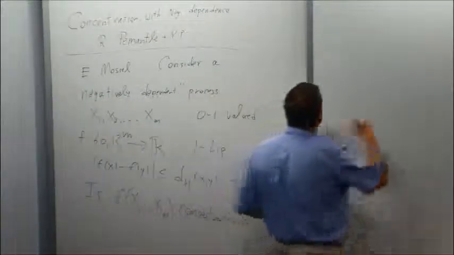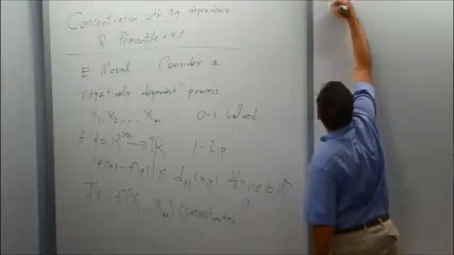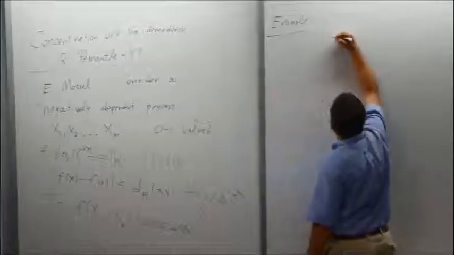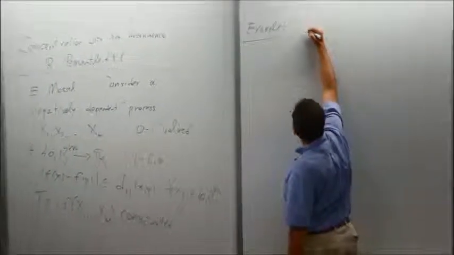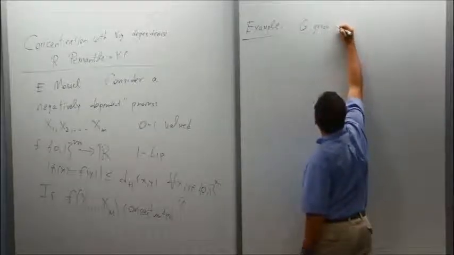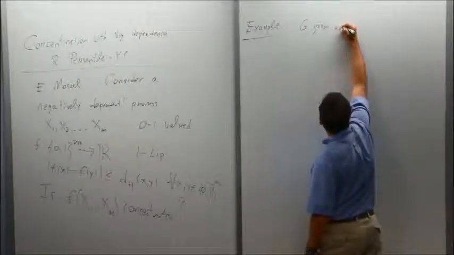And a concrete example, which we'll also use as the main example in the discussion, is: take G a graph with m edges.